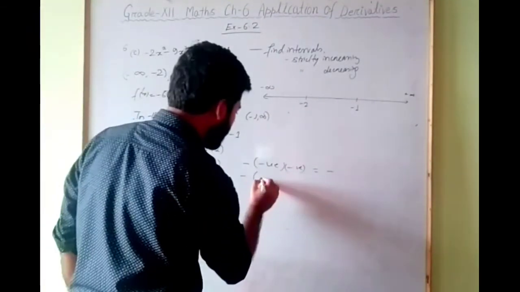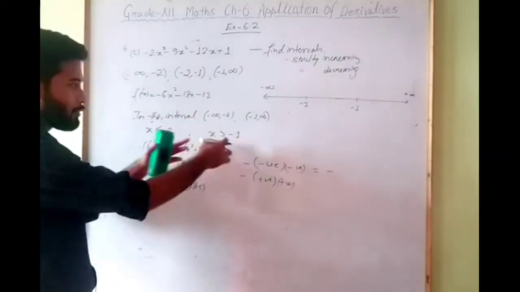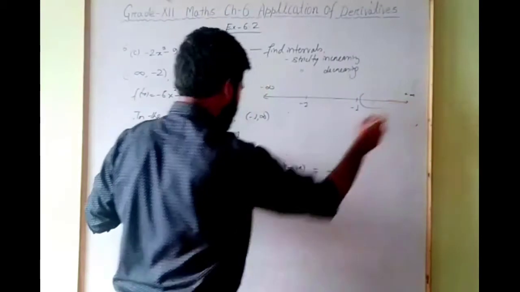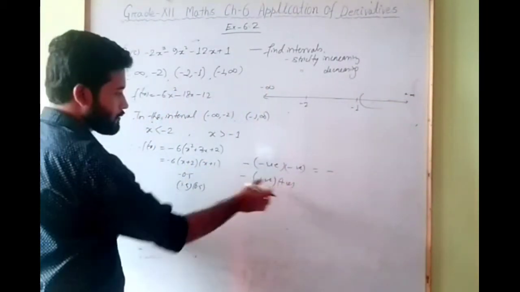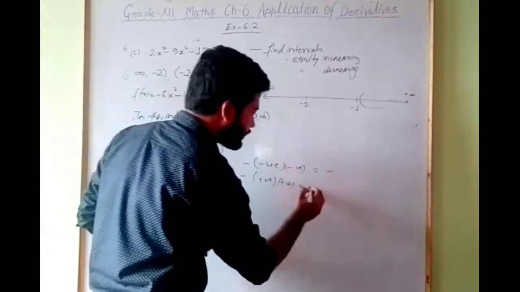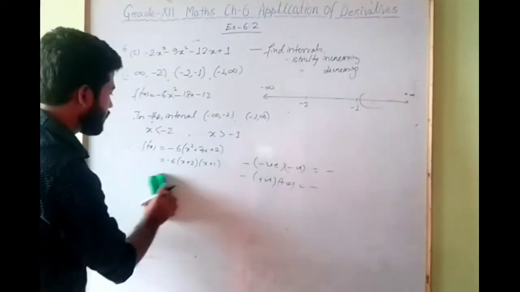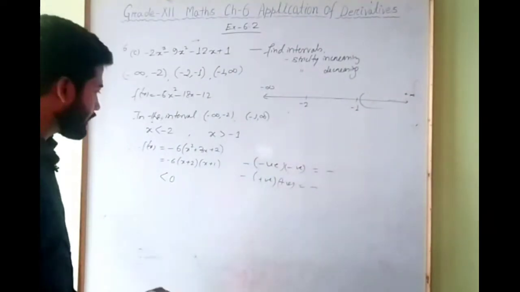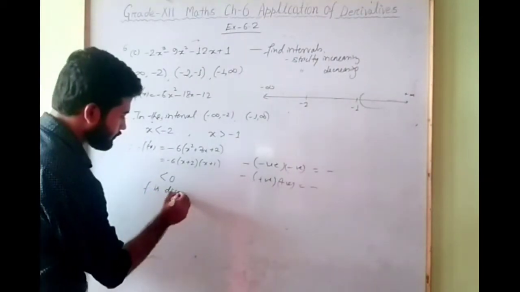Whatever else value you take, x = 0, 1, 2, 3 and so on in the positive direction, you will get this part positive. So positive into negative will again be negative, isn't it? So for these two intervals, our f'(x) is always less than 0, and hence we can say that f is decreasing.